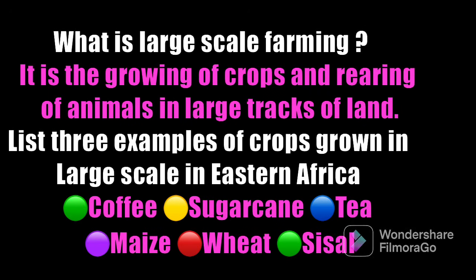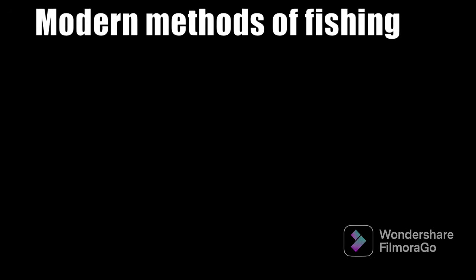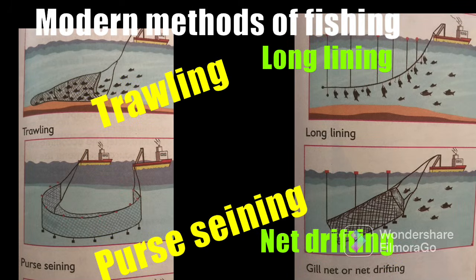Coffee in Kenya and Ethiopia. Tea in Kenya. State 2 modern methods of fishing in Eastern Africa. Trolling, purse seining, net drifting, long lining.